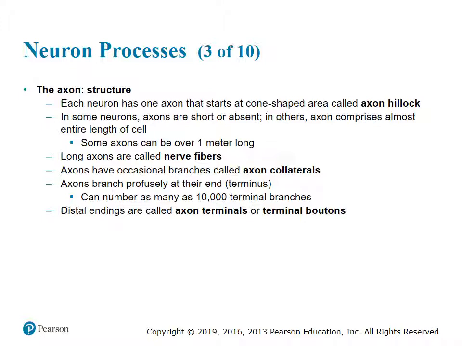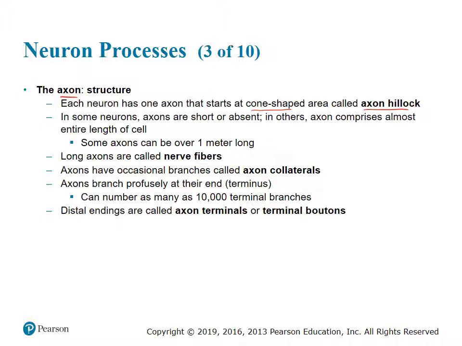So let's talk about the axon. The extension of the cell body, of one axon, starts at this cone-shaped area, and we call that area where it's starting to form the axon hillock. Not all brain cells have axons.